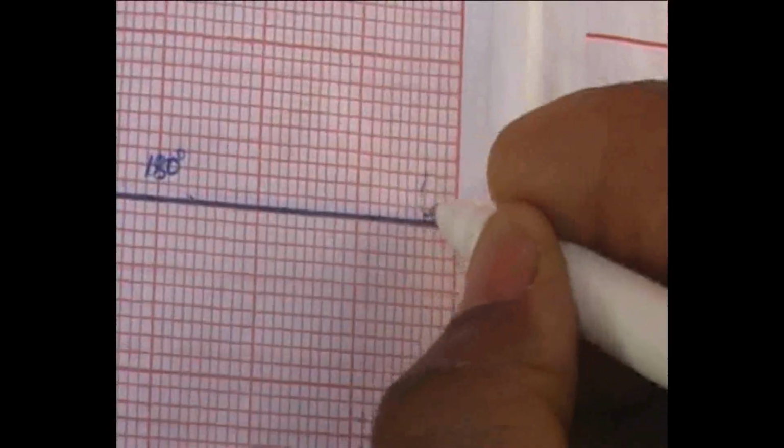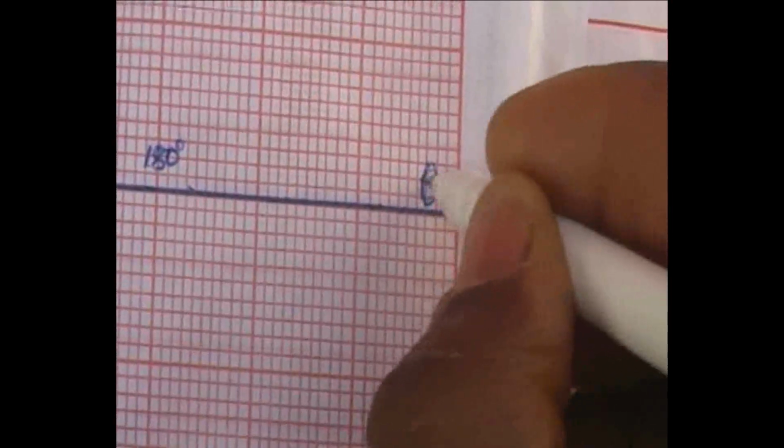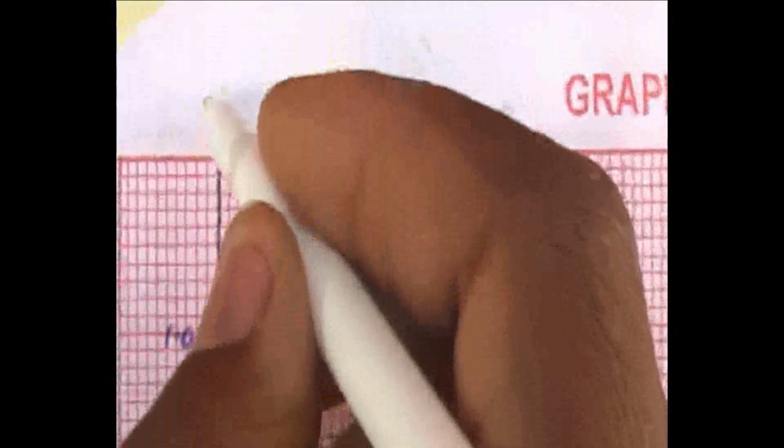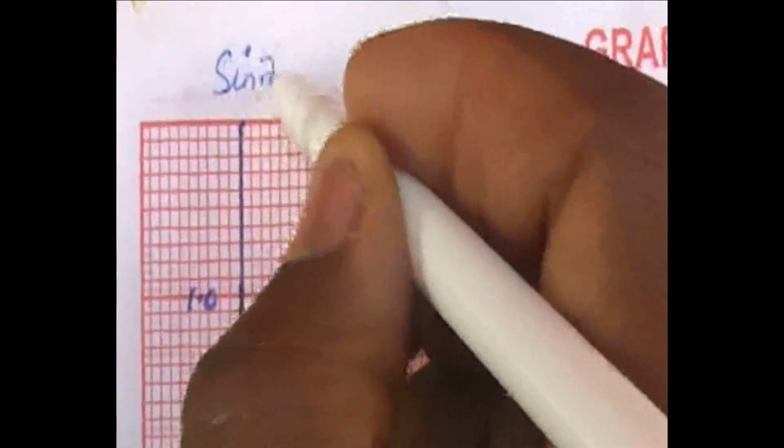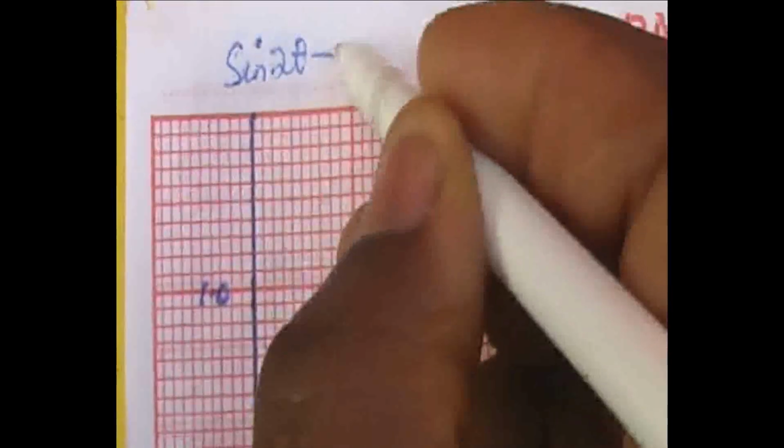So this is the theta axis, the x-axis, while this is the sine 2 theta minus cos theta axis, that is the y-axis.